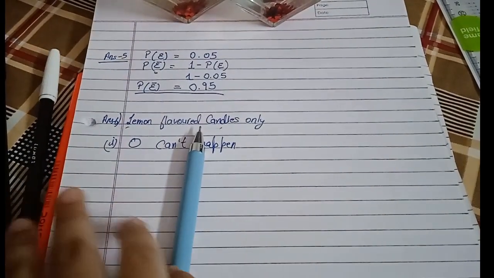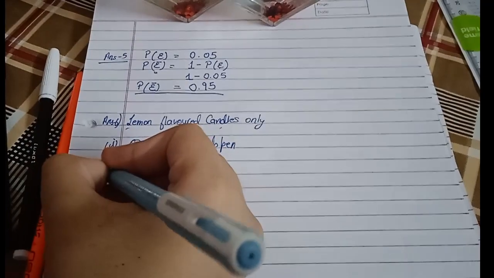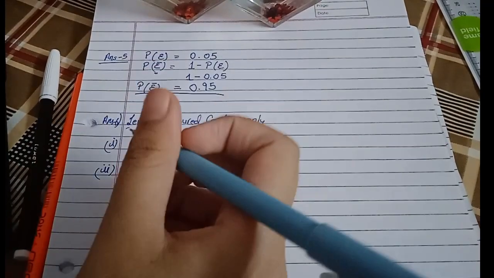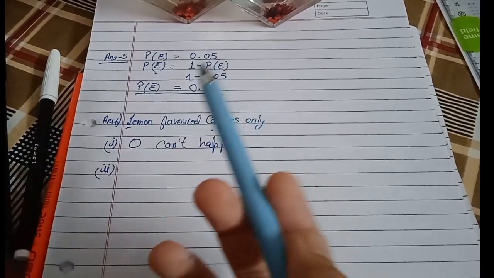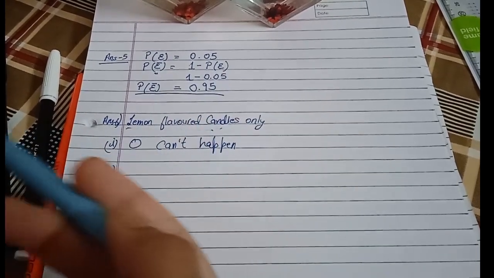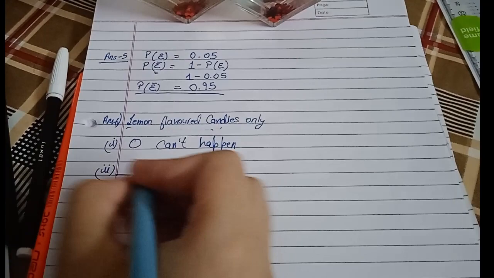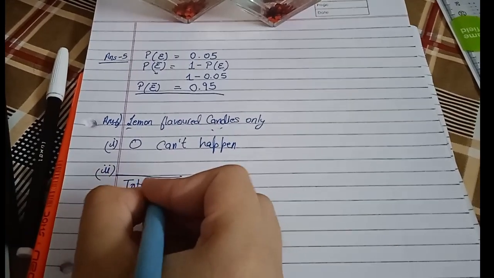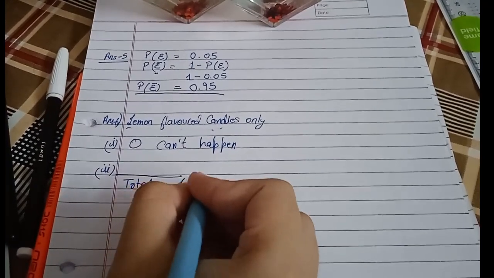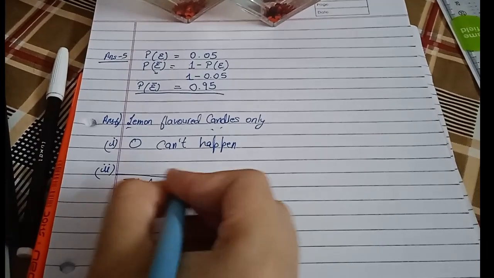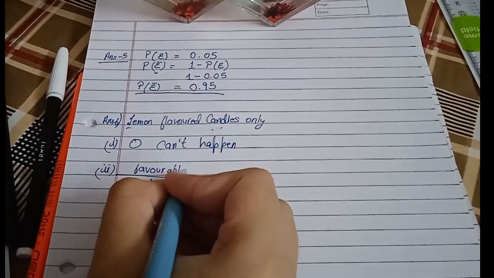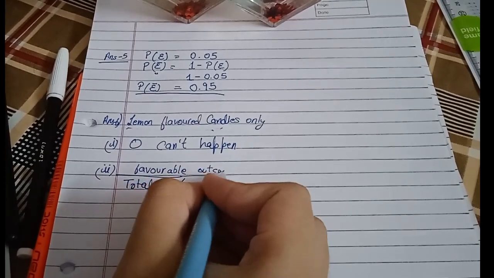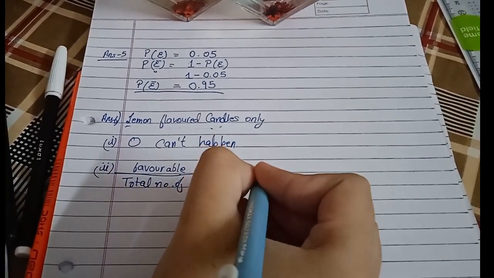And the probability of taking out a lemon flavored candy. So what is the probability of getting a lemon flavored candy? So all of them are lemon flavored candies. So there is a number of candies. But you will see that total number of outcomes and favorable outcomes will be 1.